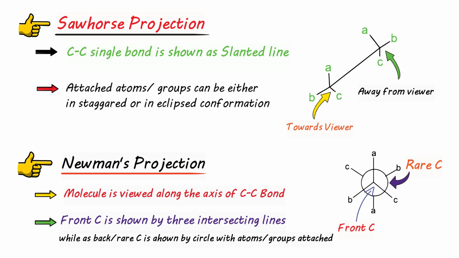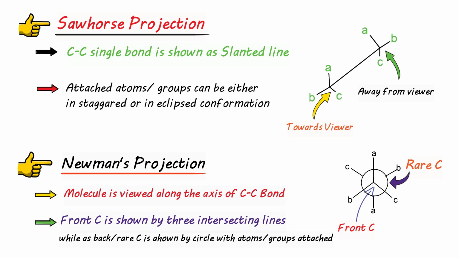These are basically the 4 representations of showing a molecule. One was the wedge dash notation, the next is the Fischer projection, third the Sawhorse projection, and the fourth one, that is the Newman projection. Sawhorse and Newman are usually discussed in conformations, while wedge dash and Fischer have got a huge importance as far as the RS system of nomenclature is concerned, which carries meaning once we talk of enantiomerism.